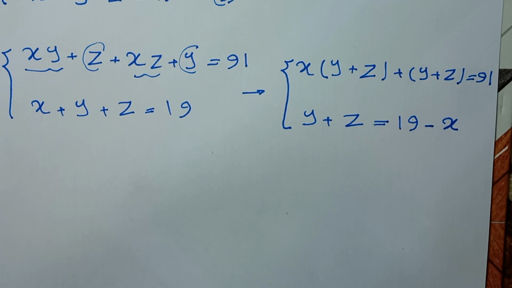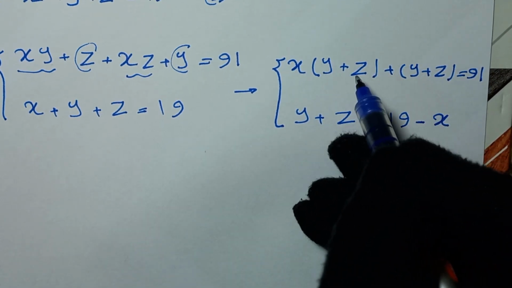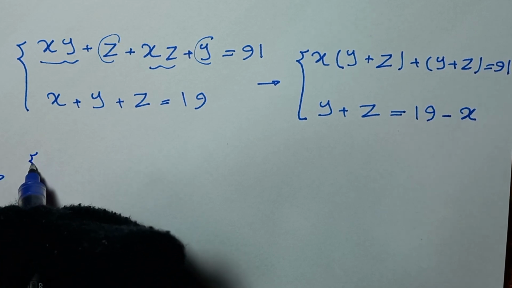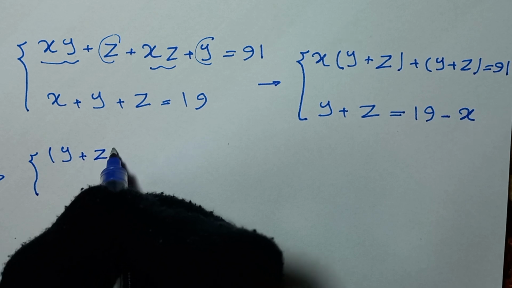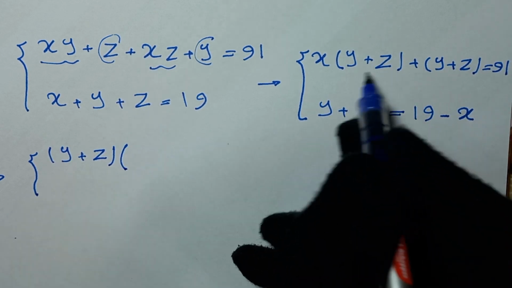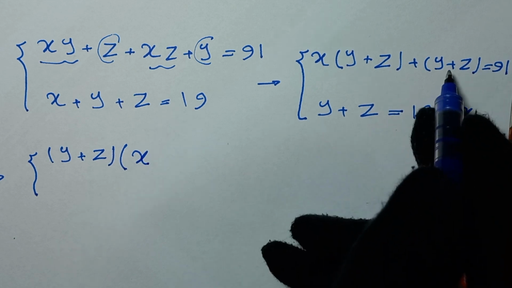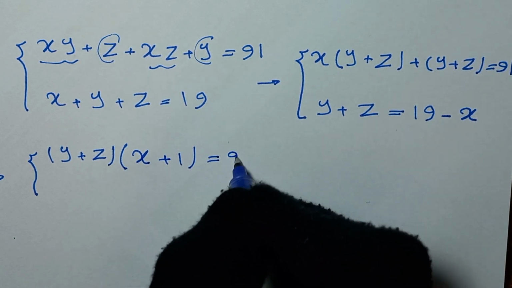In the next step, y plus z is common, so we factor y plus z, and this divided by y plus z is x, and this divided by y plus z will be 1, is equal to 91.